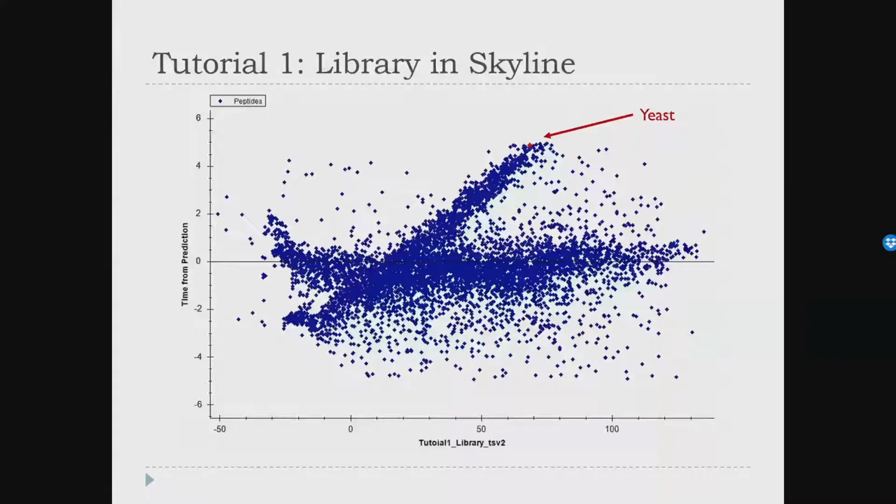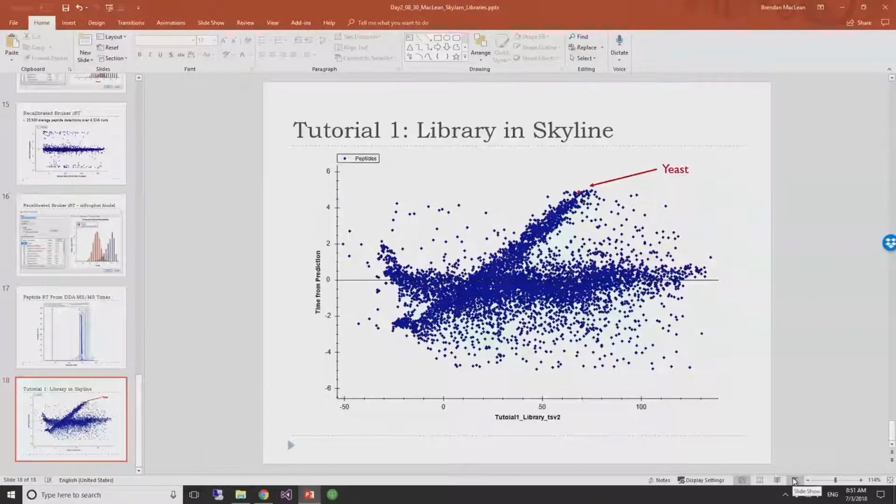But now Ben just did one pooled thing that he ran twice, so we're going to see much better IRTs. So that's a way of looking at library quality that Skyline makes very easy, and now we're going to go ahead and do that ourselves on the VMs.